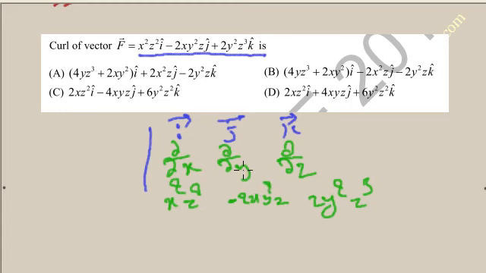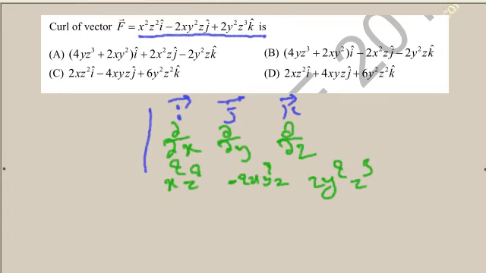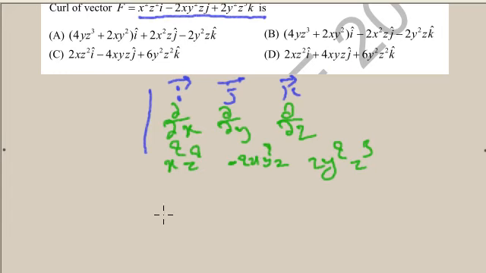Now for i, if you differentiate with respect to y, you will get 4 y z cube minus, for this, if you differentiate with respect to z, you will get minus plus twice x y square.